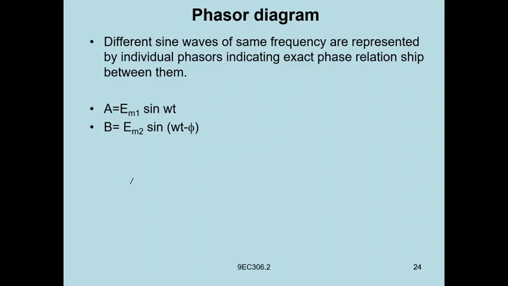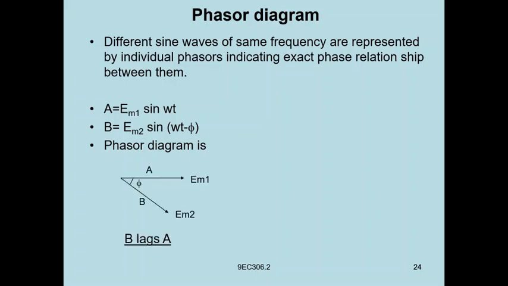Okay? These two phasors have a phase difference. Now the phasor diagram: Em1 sin omega t starts at 0, so that wave is represented on the x-axis.